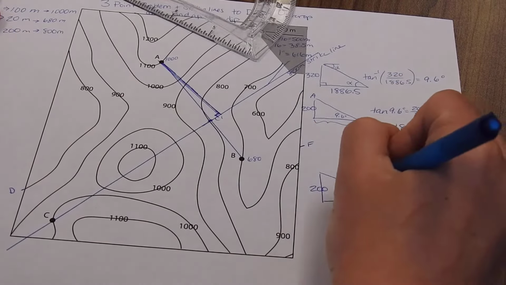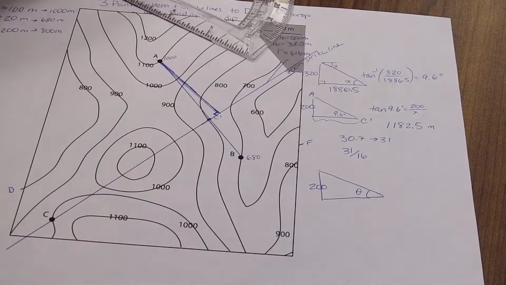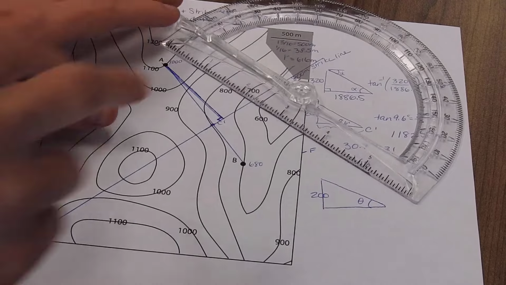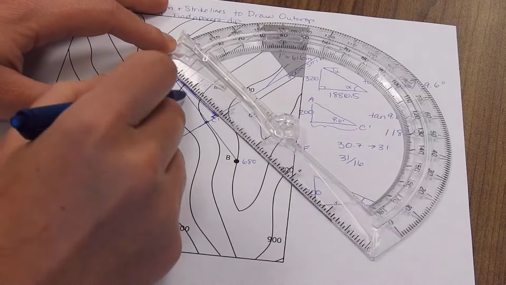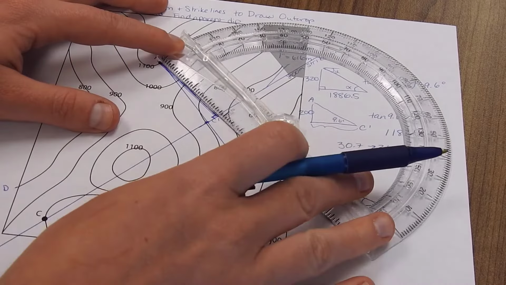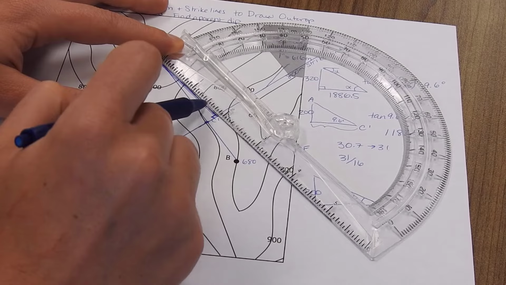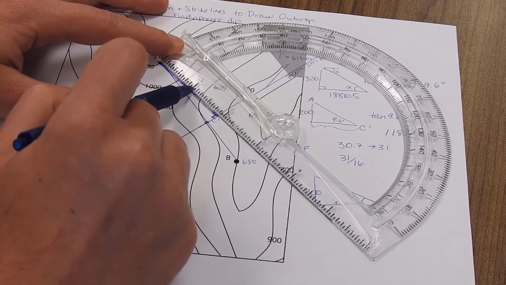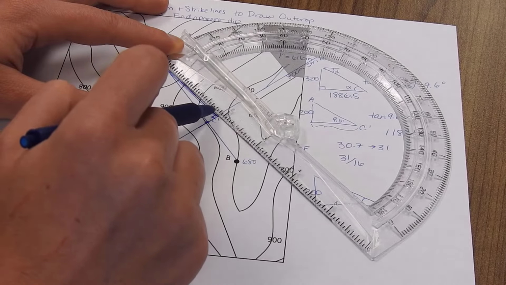This time we want true dip, and we can measure the horizontal distance. So I get, all right, this would be 16 sixteenths, 8 sixteenths, or let's see, 16 plus 8 is 24, 25, 26, 27, 28, 29.